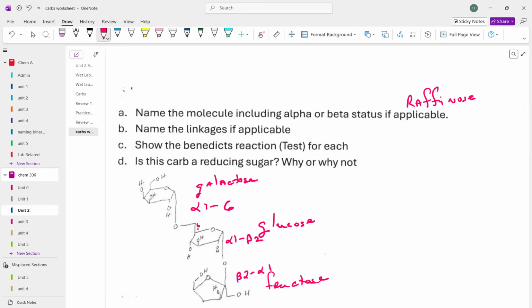So let's analyze each one of these. Because this is fructose, I mean, because it's sucrose, not fructose.